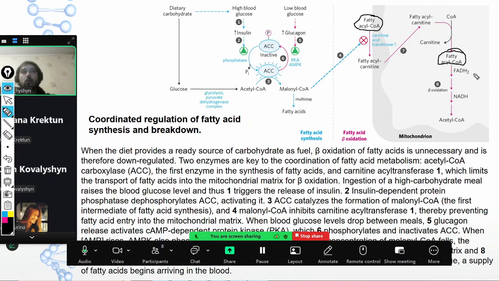But all in all, if you collect all the reactions, it looks like fatty acyl-CoA got from the outside to the inside of the mitochondria, and this part is inhibited.